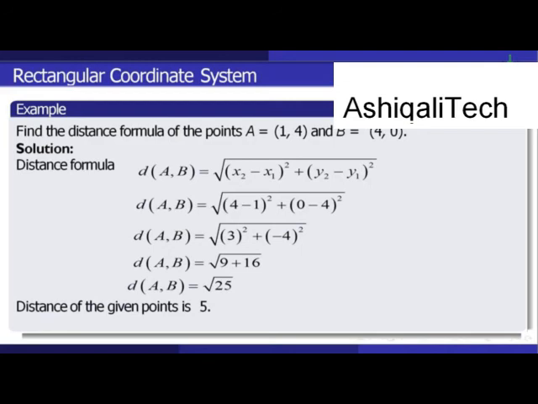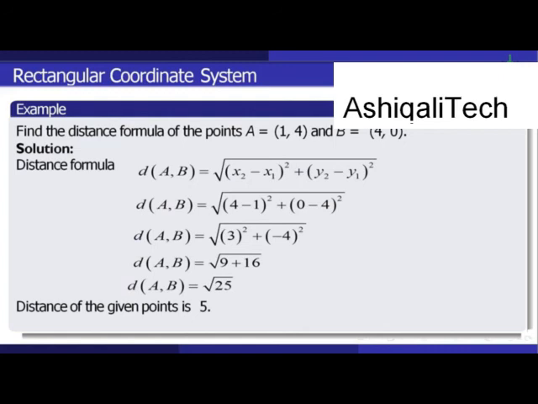Now we substitute the values of x2 and x1, that is x2 is equal to 4 and x1 is equal to 1. So we get the distance between A and B is equal to the square root of (4 minus 1) squared. Similarly, we substitute the values of y2 and y1. y2 is 0 and y1 is 4. So we get (0 minus 4) squared.